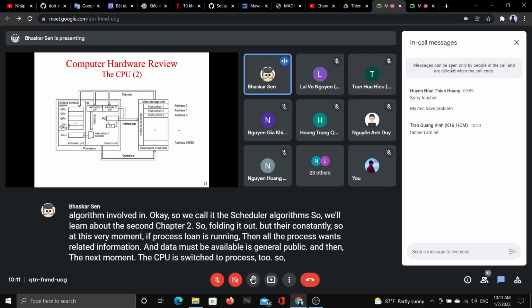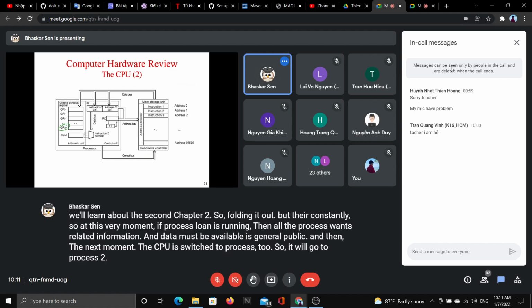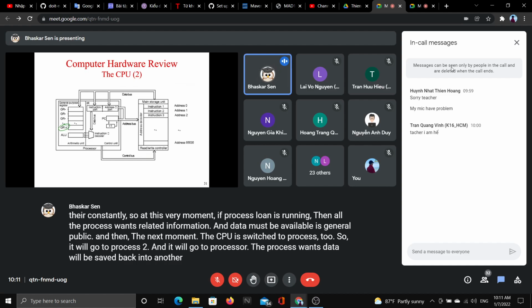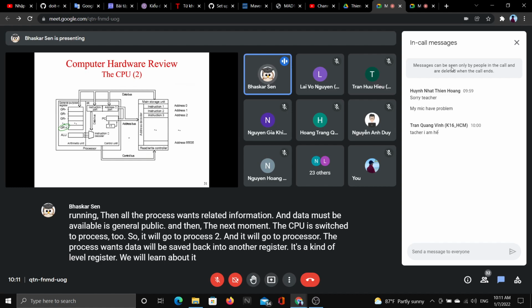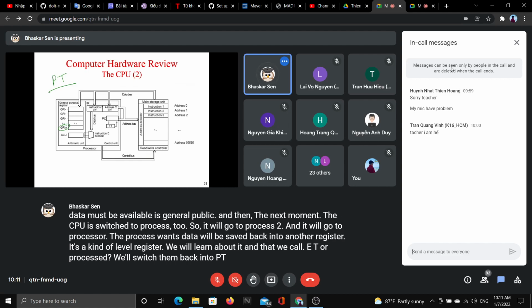Process 1's data will be saved back into another register, which is a kernel level register. We will learn about it, and we call it PT, or process table.